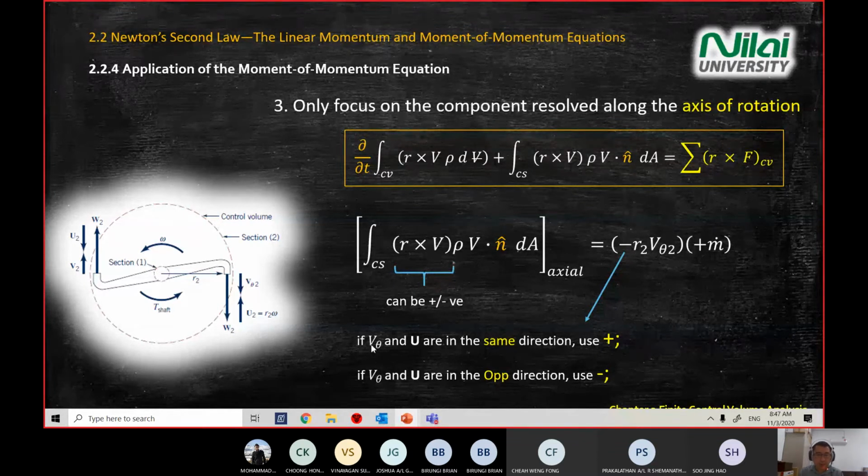If your V sub theta, which is the absolute velocity that comes out from our nozzle here, and our U are in the same direction, then we use positive. If our V and U are opposite, then we use negative.